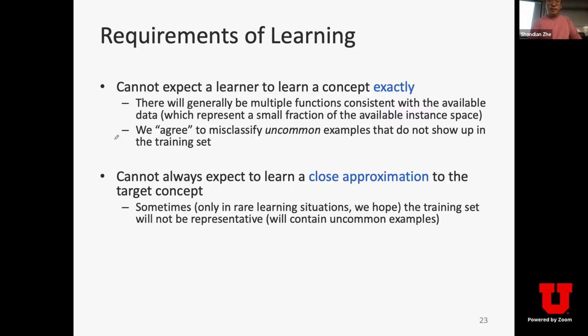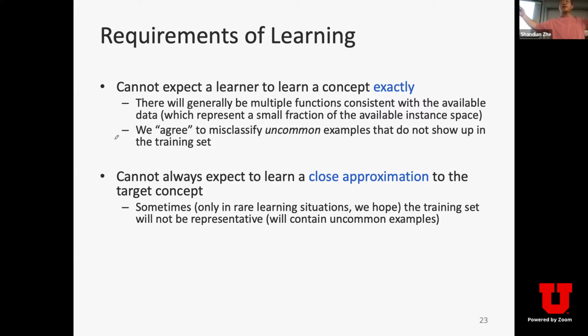Because learning also depends on the quality of the training set, right? So a different training set will definitely lead to a different learning procedure. If your training set covers the whole instance space well, then probably your learned hypothesis is a close approximation to the target function.